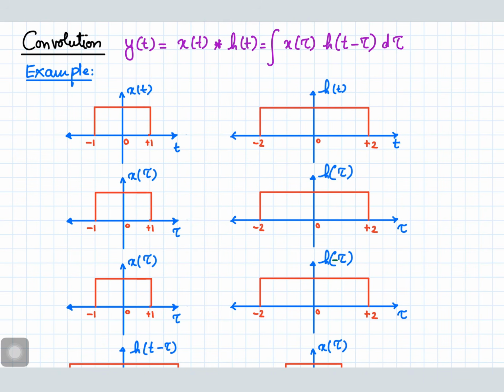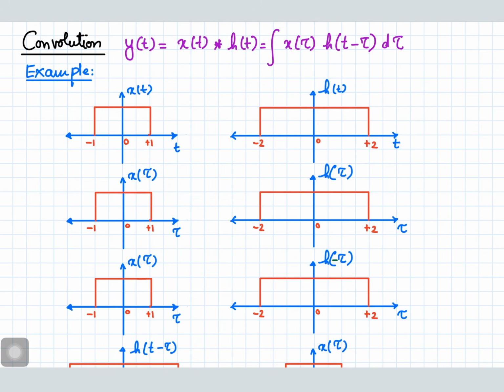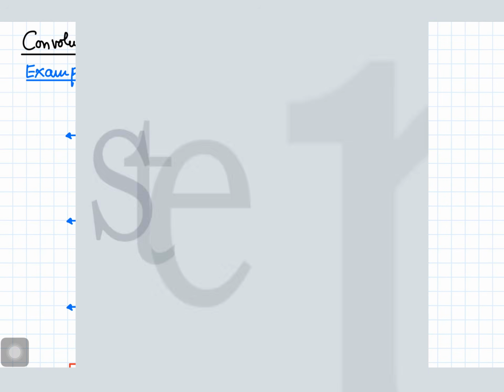It's a rectangular function centered at 0 starting from -2 till +2. Our first step is to replace t with tau. There will be no change except that the x-axis will be represented by tau, the rest of the signal remains the same.